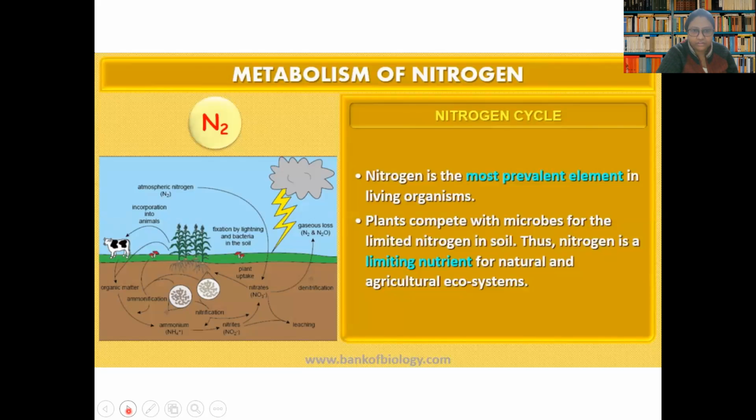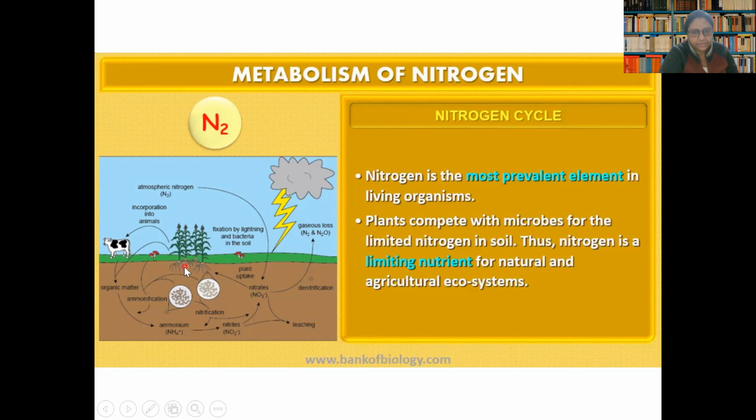So let us see the last part of this chapter, that is metabolism of nitrogen, how plants are responsible for accepting the nitrogen. Before we go into the metabolism process, we should have a rough idea about the nitrogen cycle. Although all of you studied it earlier in grade 9 and other classes, I still wish to talk about it because it's a very important cycle.